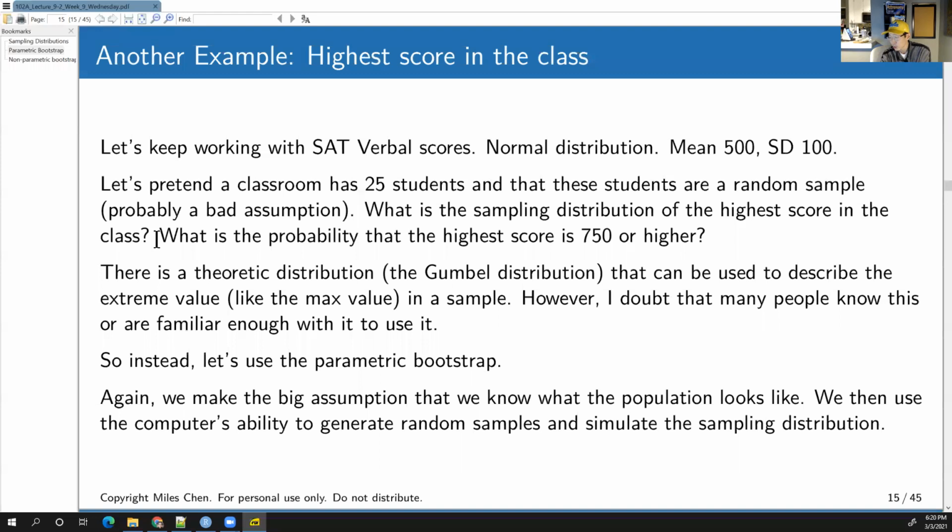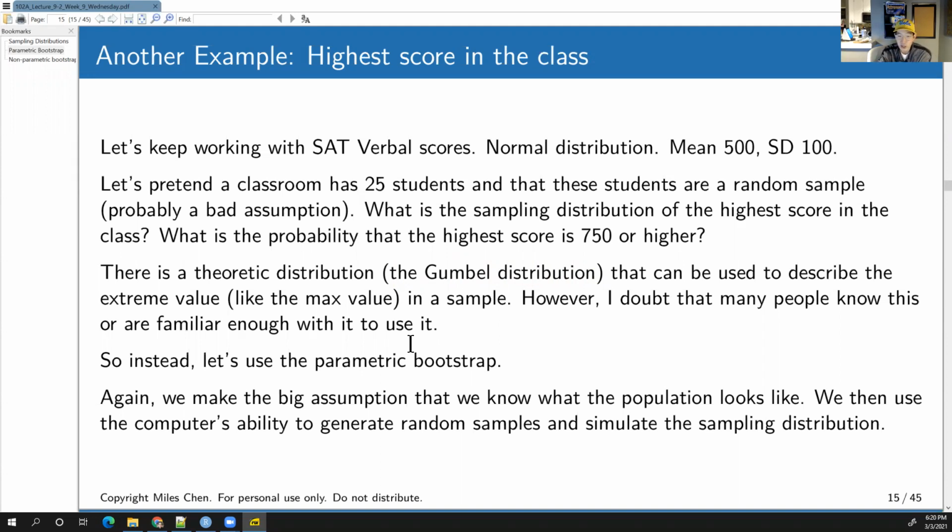Or we ask, what's the probability that the highest score in a class of 25 students is 750 or higher? There is a theoretical distribution for describing extreme values, known as the Gumbel distribution. I don't know how many people are familiar enough to use it.